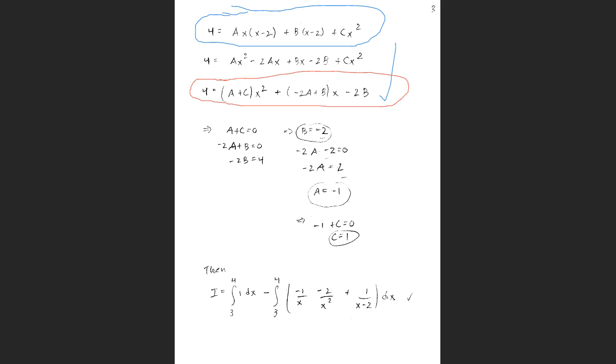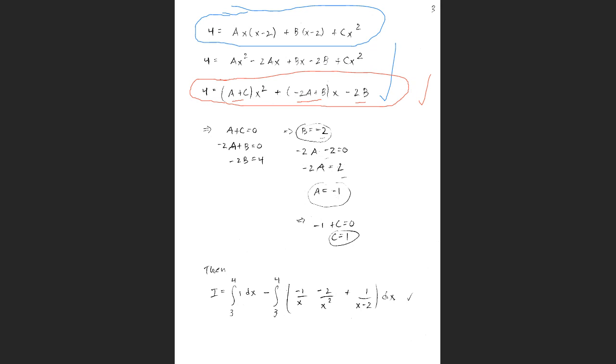So 4 will equal the quantity a plus c times x squared, plus the quantity negative 2a plus b times x, and then minus 2b.